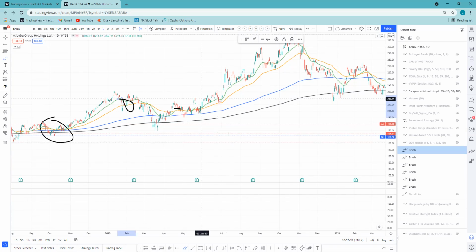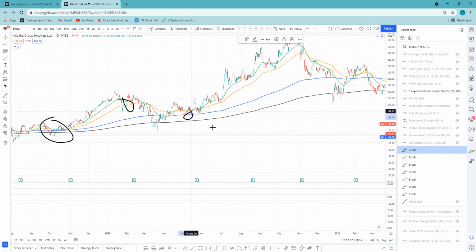People have different criteria. Some people just take the 200 as a support. That's a set rule for you. For example, whenever the price is above the 200 EMA, which is blue here, that will be a long position for me.